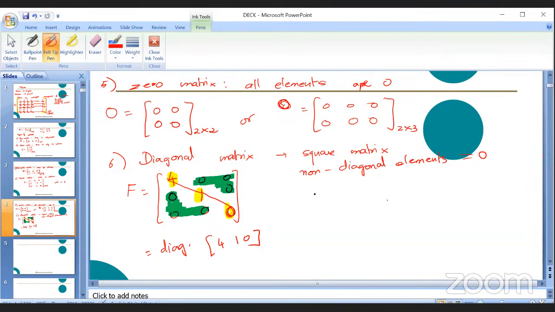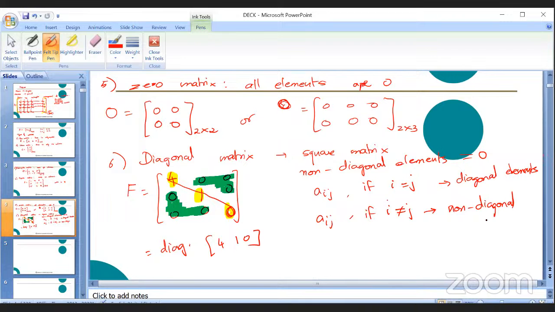So Aij, if i is equal to j, these are called diagonal elements. And Aij, if i is not equal to j, that means they are non-diagonal elements.